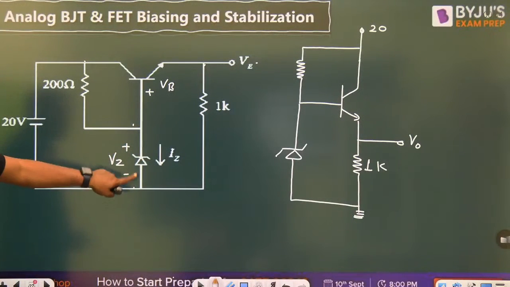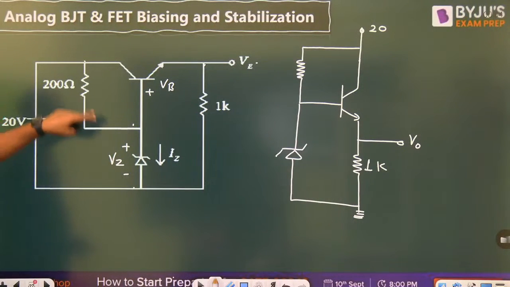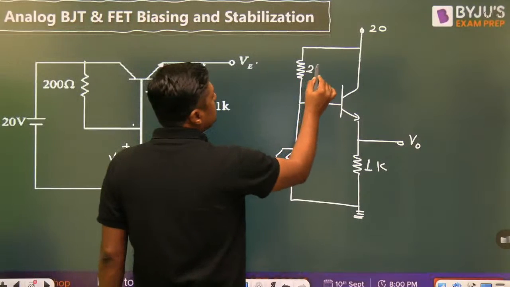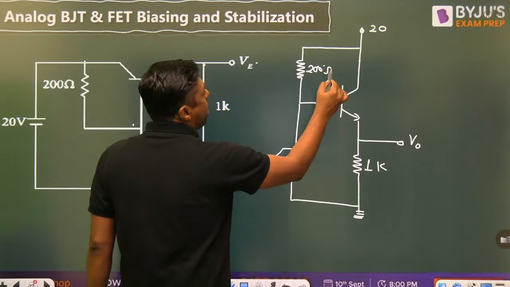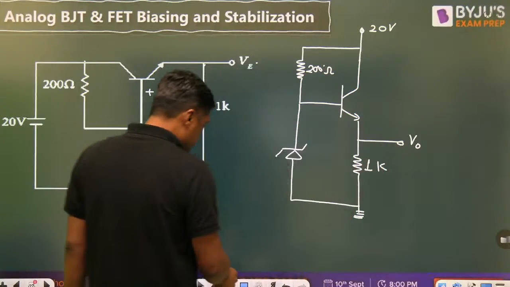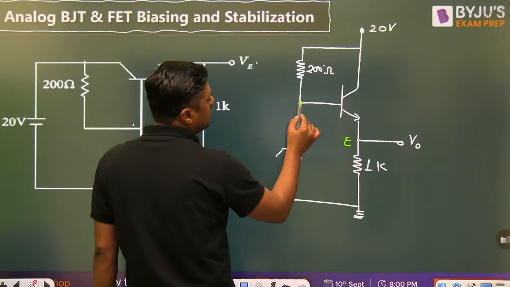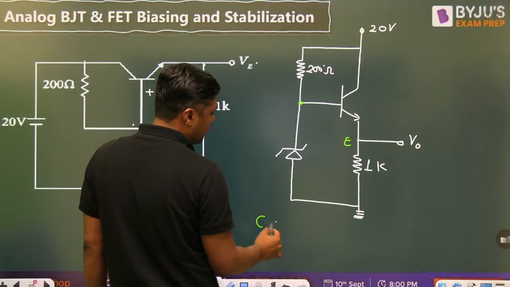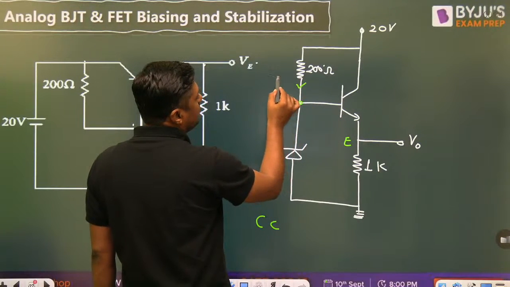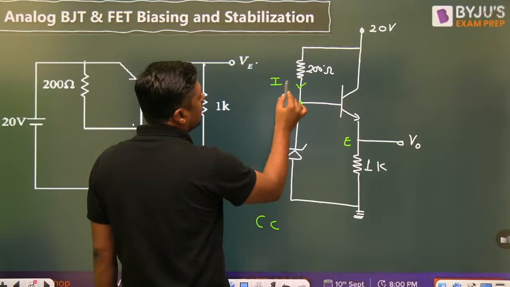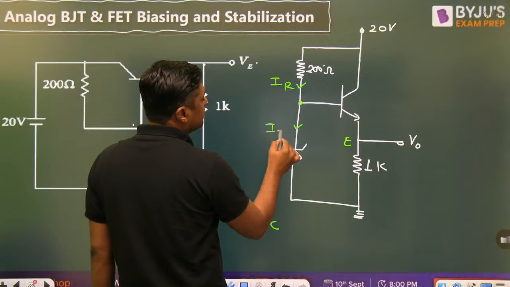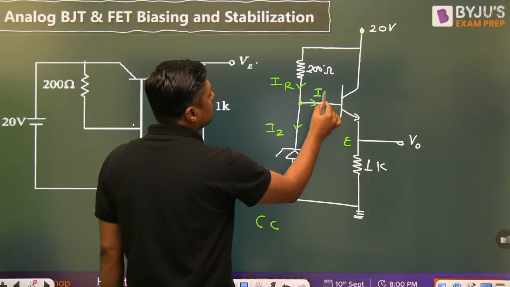Base to ground, the Zener diode is connected, and this R of 200 ohm is connected here. This is the 20 volt. Now watch this diagram. We are taking output from the emitter and giving input to the base, and that's why it is a common collector. This is the IR, this is the IZ, and that is the IB.